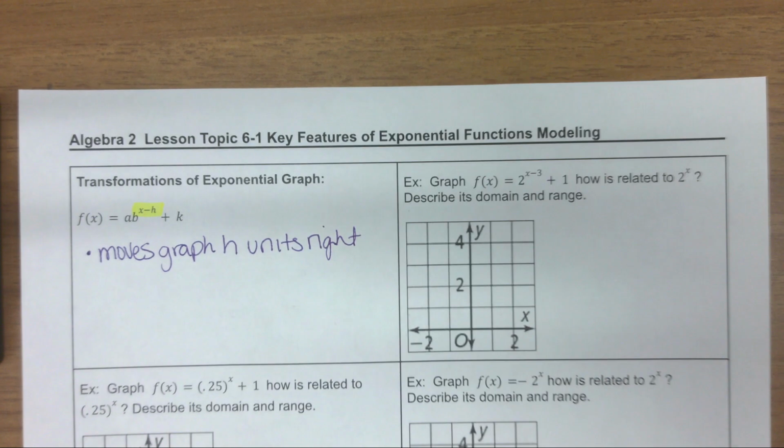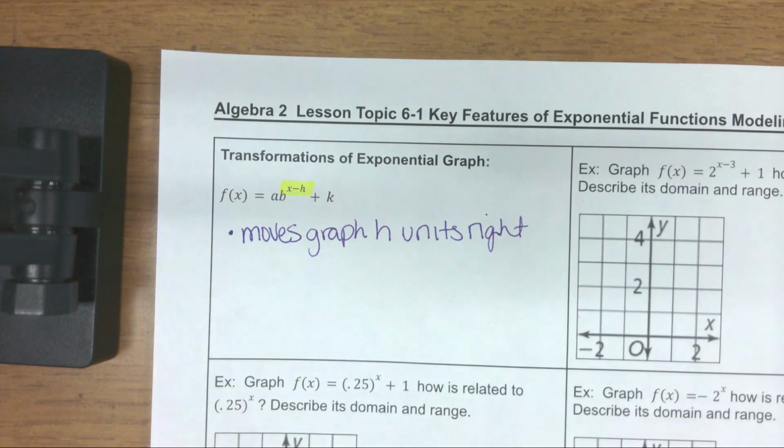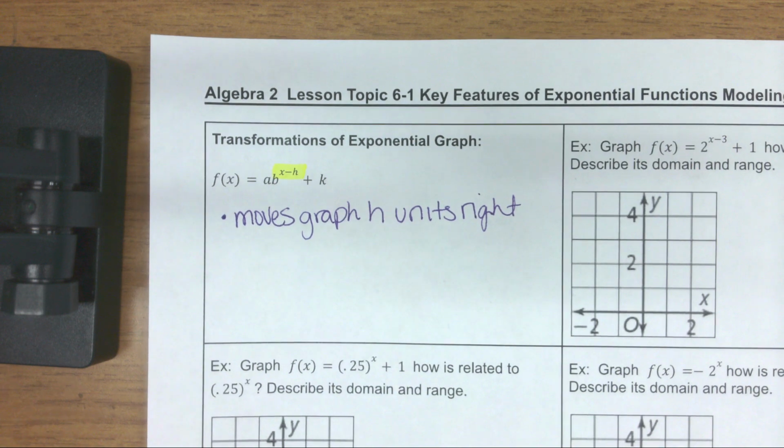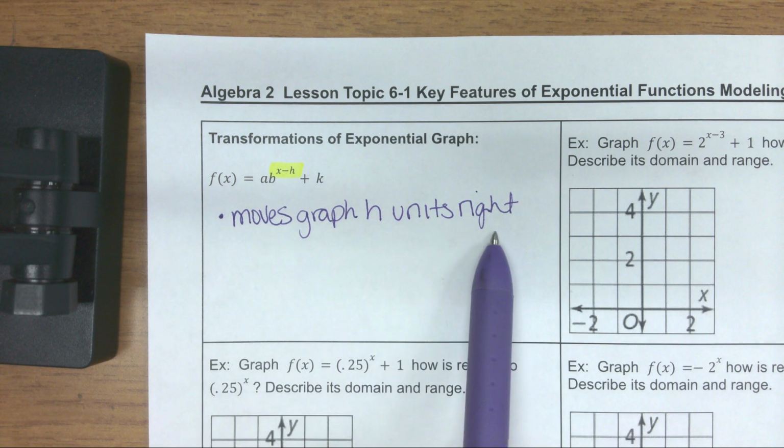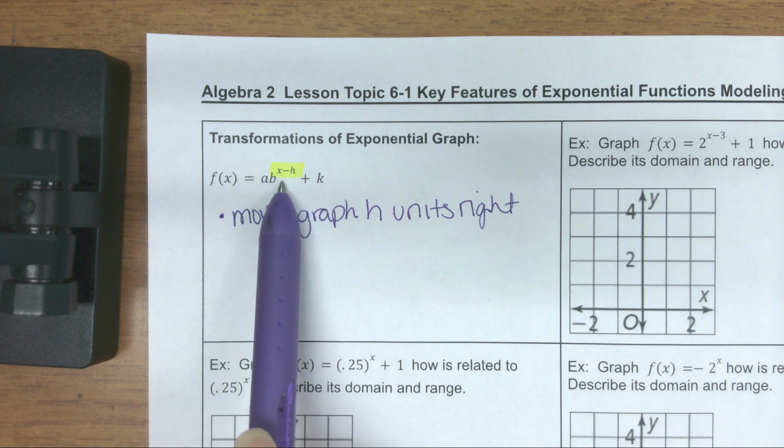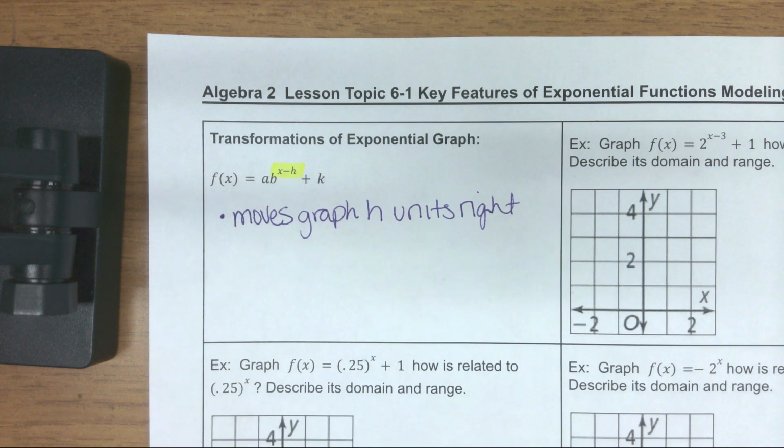Some things to note about that. One of the things that I've said consistently is x is a liar. So I want you to notice that it's minus, but it's moving it to the right. So if instead it was x plus something, how would that move the graph? To the left.